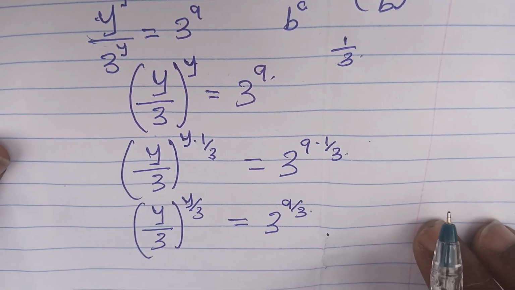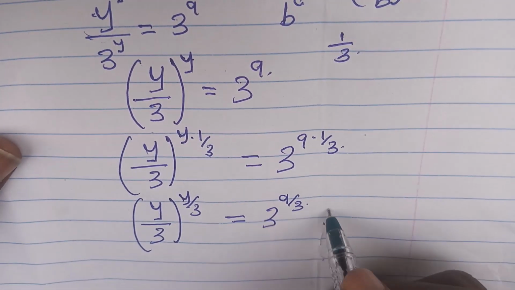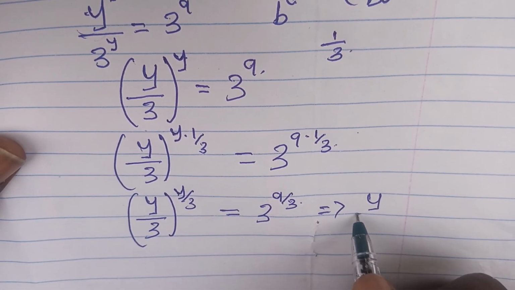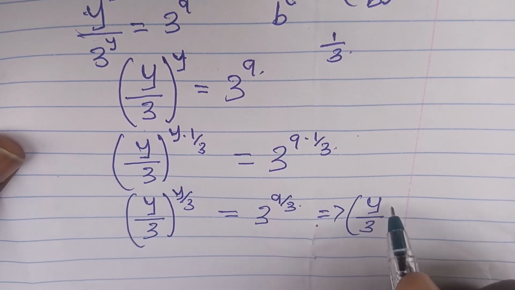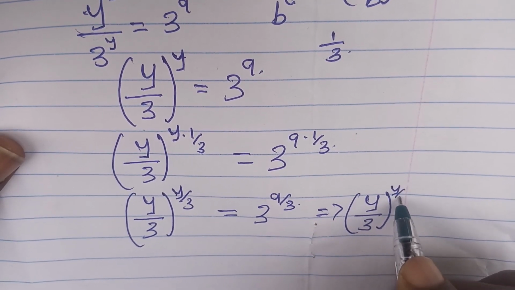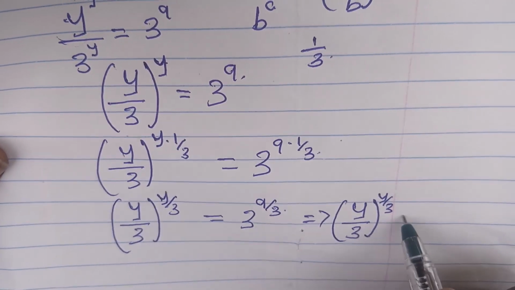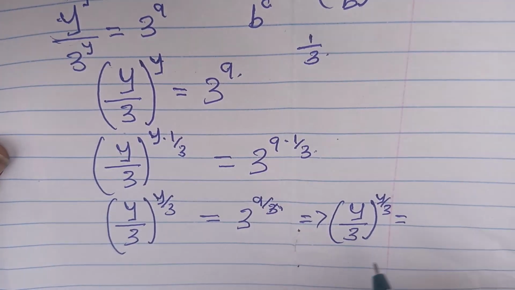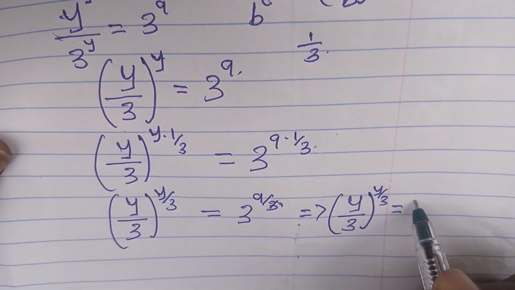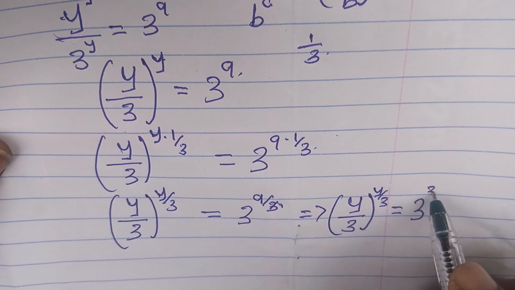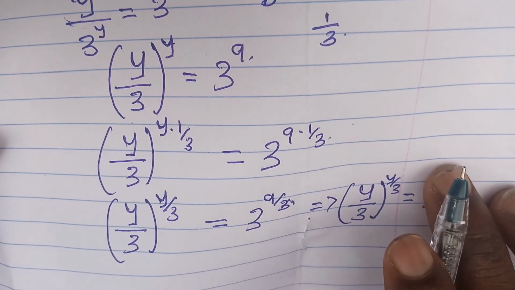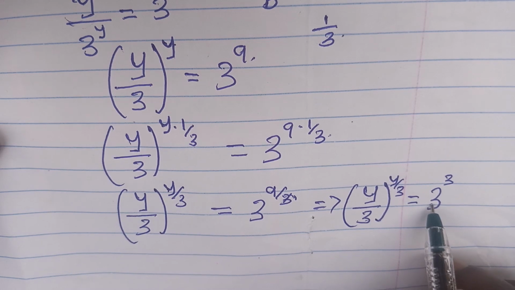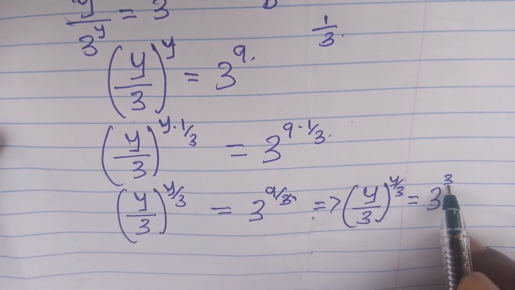Which implies we have y over 3 all to the power of y over 3 equals 3 to the power of 3. From here we can compare that y over 3 is the same thing as this base number, and y over 3 is the same thing as this power number.